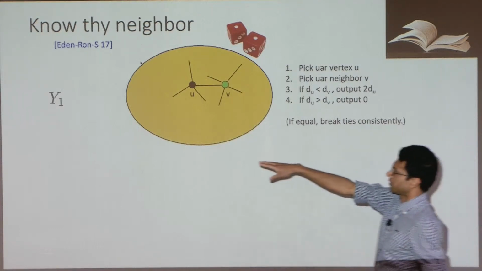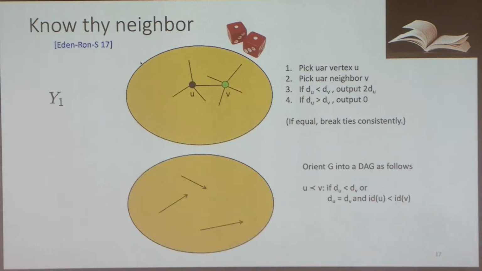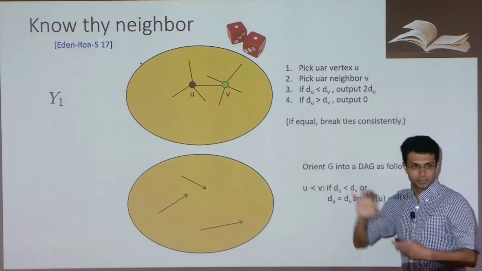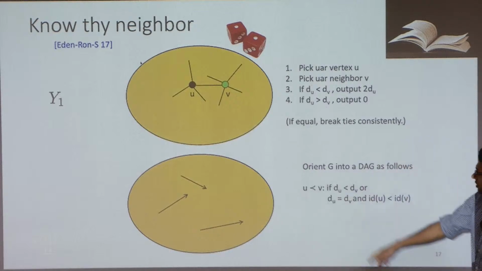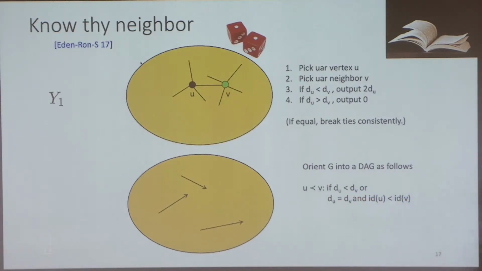So this is going to be my random variable y1 that I'm going to estimate. To analyze it, let me describe this in a slightly different way. You can imagine orienting your graph into a DAG as follows. I'll say u is less than v if the degree of u is less than the degree of v, or if the degrees were equal, then the tie breaking, basically put u lower.